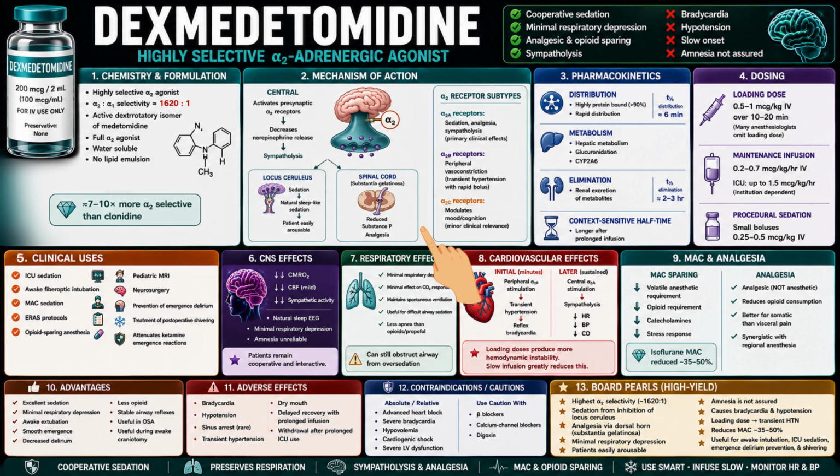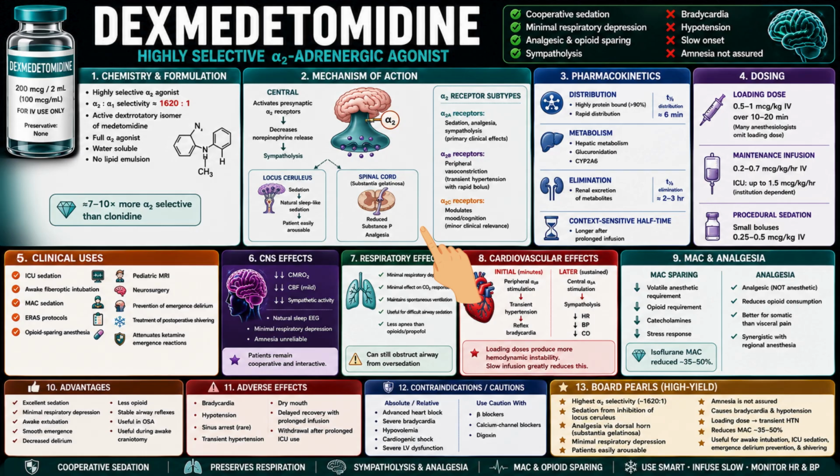When dexmedetomidine activates α₂ receptors in the locus coeruleus, norepinephrine release is inhibited, sympathetic tone decreases, and the patient becomes sedated. But the quality of this sedation is fundamentally different from GABA-mediated sedation, benzodiazepines and propofol, which cloud consciousness and can cause paradoxical agitation and tolerance. Dexmedetomidine produces a natural sleep-like sedation. The EEG pattern resembles stage 2 sleep, sleep spindles, not the burst suppression or diffuse slowing of anesthetic depth sedation.